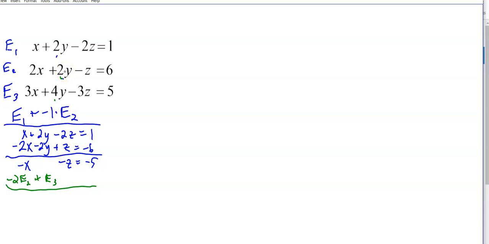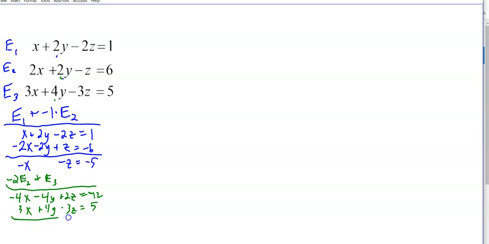So the first equation there is going to be negative 4x minus 4y. See, negative 2 times negative z is plus 2z, and then negative 12. That's a negative there. And then this is going to be 3x plus 4y, that's nice, minus 3z equals 5.